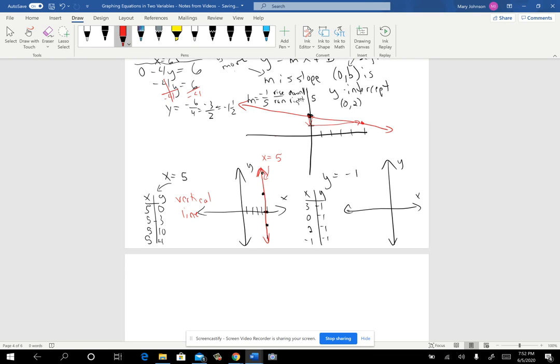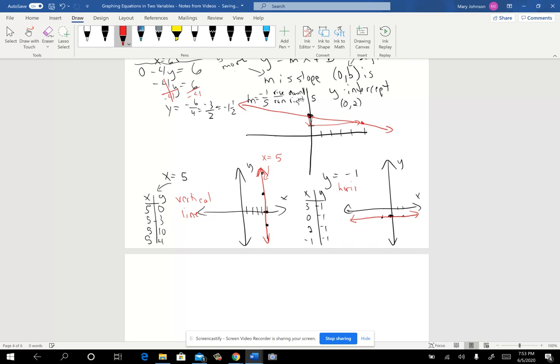Well, what's going to happen there is you might be right here at (0,-1), but that's not the only thing you plot. You could be over here at (2,-1), or (-1,-1). And so you actually have the graph of y equals -1 being a horizontal line.